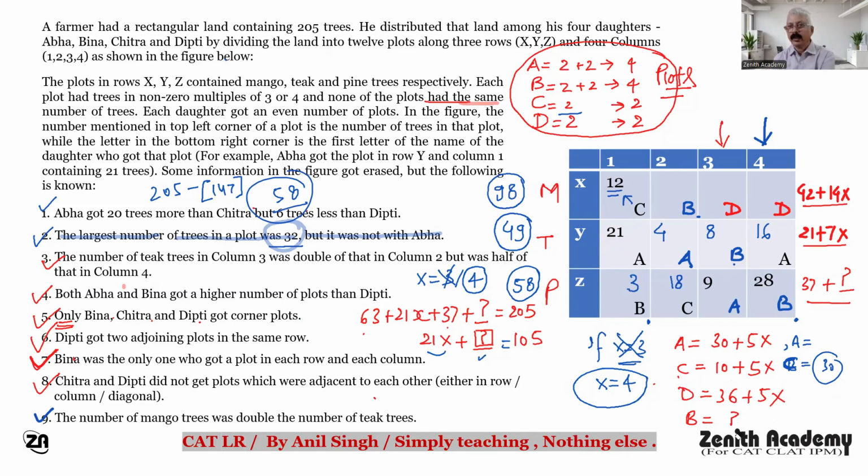The number of trees with B is 58, in the Z row for B. So here, now it is clear that A is 5x, the value of x is 4, तो 5 4 जा 20, it is 50, it is 30, and this is 56.